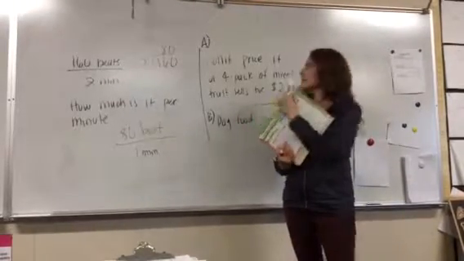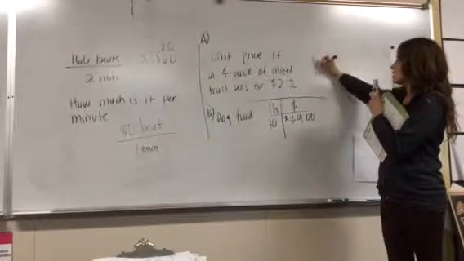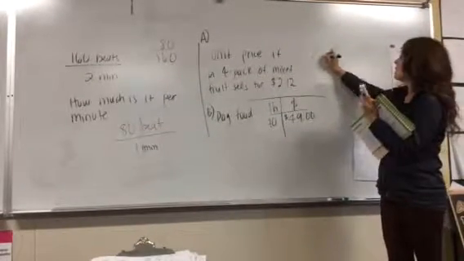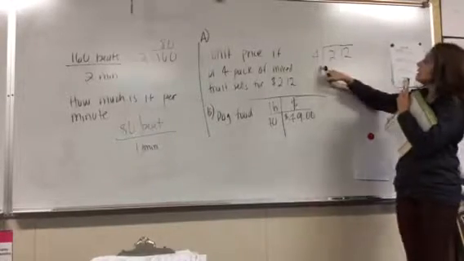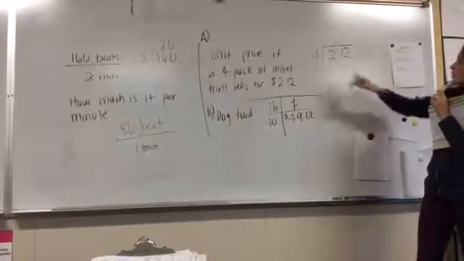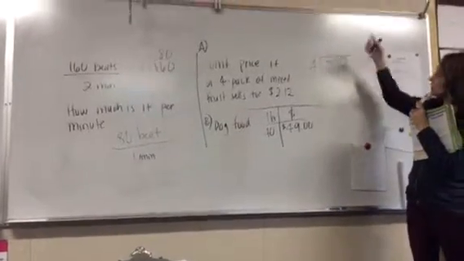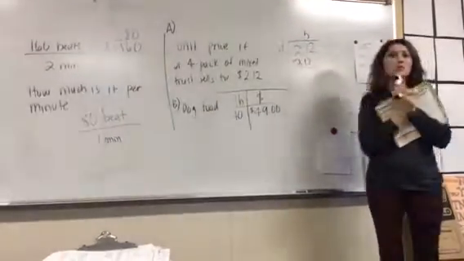Well, let me divide. So I go 4 into 212. That doesn't work, so we go to 4 times what gives you 21, or a number really close, 5. You get 20. You subtract.